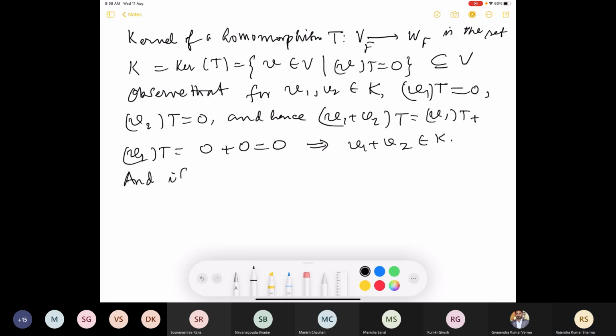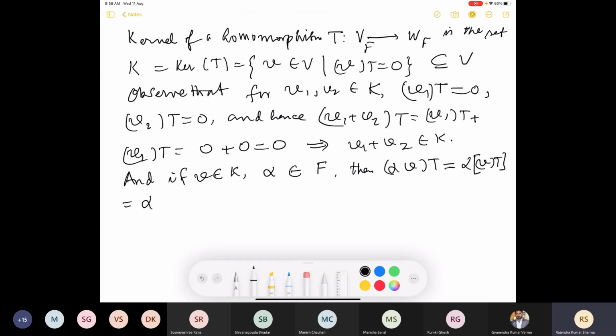And if v is in the kernel and alpha is in the field F, then (alpha v)T, because T is a homomorphism, is the same as alpha times vT, which is the same as alpha times 0, and that you can prove is 0.